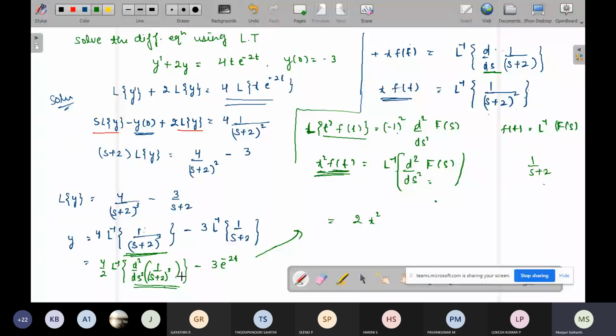This is F(s), 1 over (s plus 2). Simply it's not square, 1 over (s plus 2). That means e power minus 2t. This is f(t). So e power minus 2t. So first term is 2 into t square e power minus 2t and minus 3 into e power minus 2t. So this is your answer.